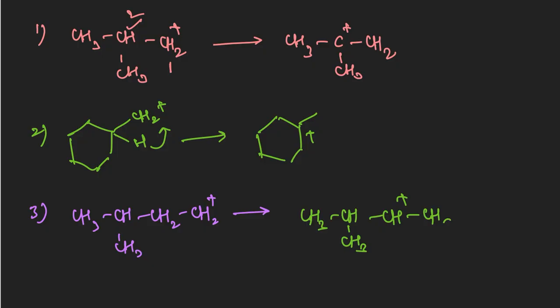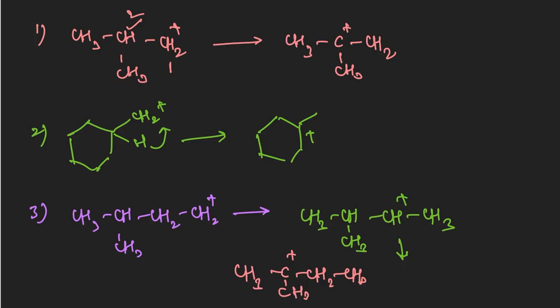Now again there is a possibility of shifting one more hydrogen, because after shifting the hydrogen the carbocation we are getting is relatively more stable. So the final carbocation we are getting is CH3, C plus, CH3 and CH2 and CH3, because the final carbocation is more stable than the second one and the second one is more stable than the first. So in every step it should become more stable.